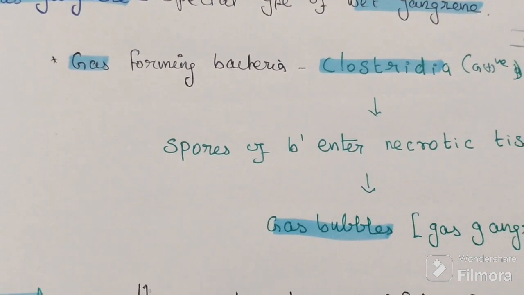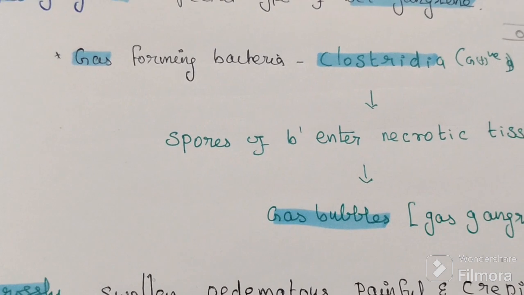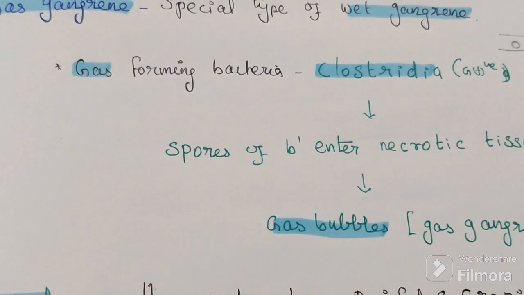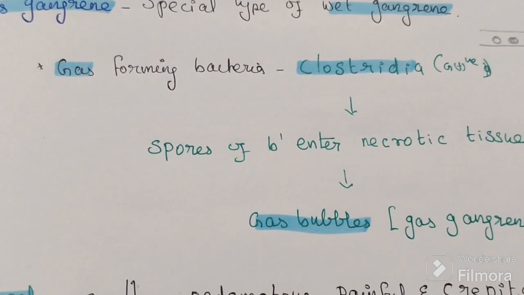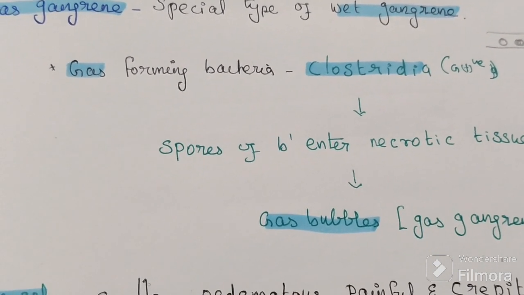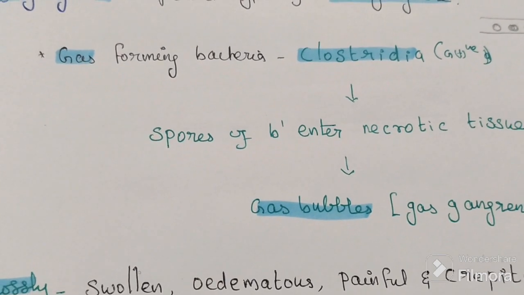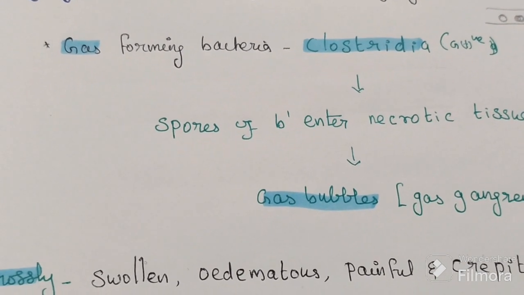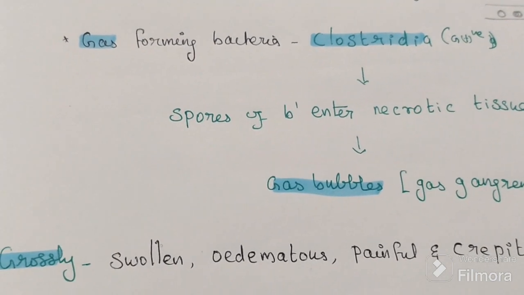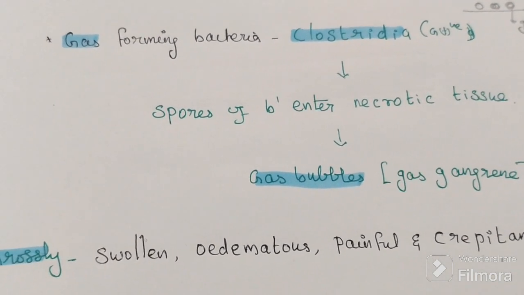Say a person has a road traffic accident and falls down on the road. There was soil, so he got injured. In road soil, spores of the bacterium are present, so the spores enter the necrotic tissue.